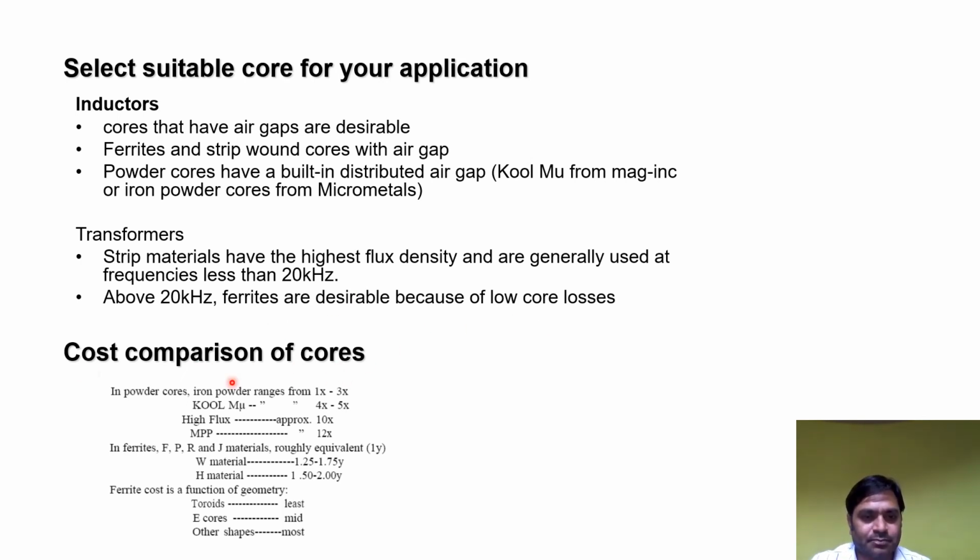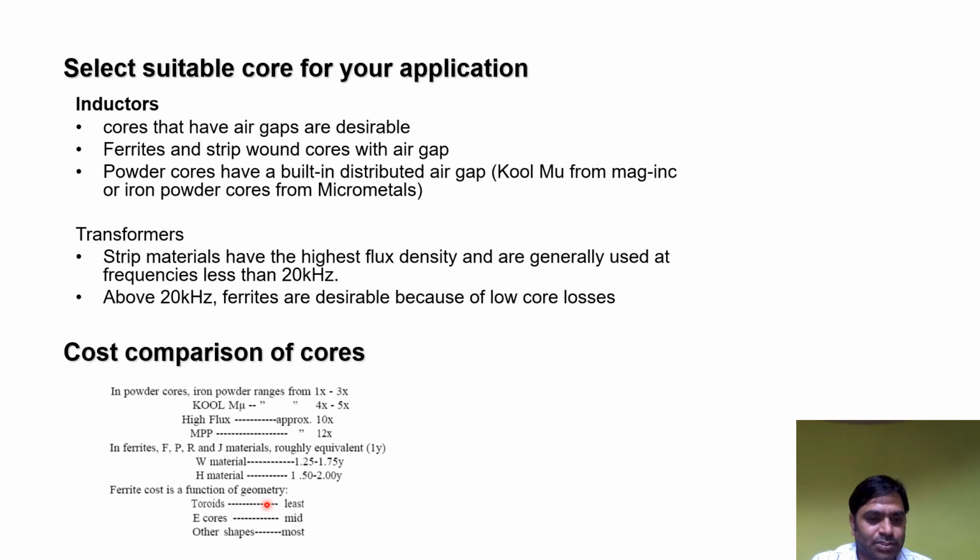For cost comparison, in powder cores, iron powder ranges from 1 times to 3 times, Kool Mu ranges from 4 times to 5 times, high flux is approximately 10 times, and MPP almost 12 times. In ferrite, F, P, R, and J materials are roughly equivalent to 1Y, W material is 1.25Y to 1.75Y, and H material will be somewhere around 1.5 to 2 times.